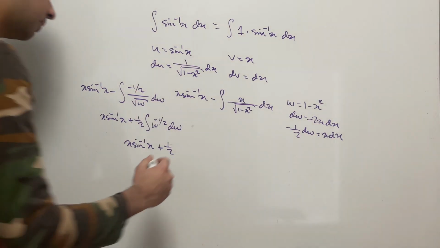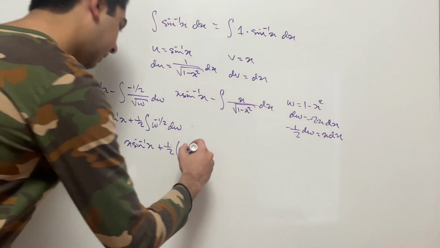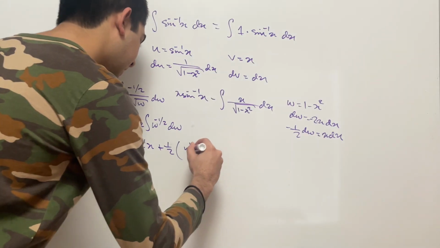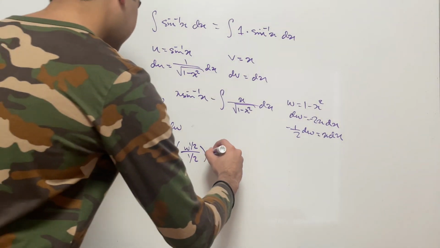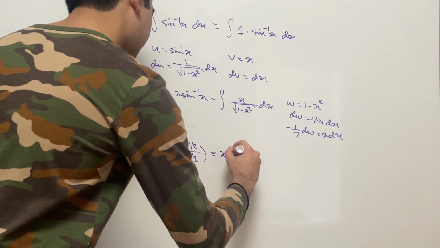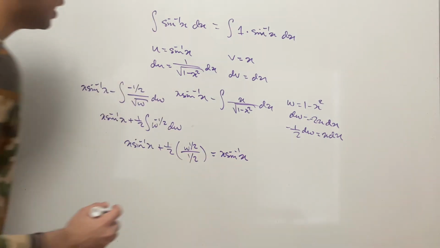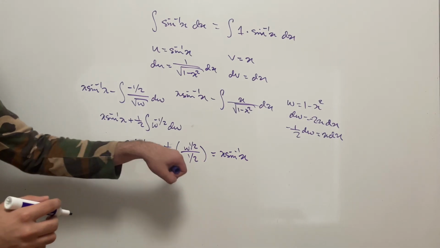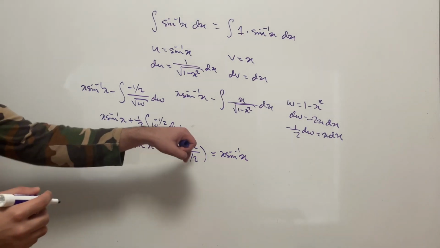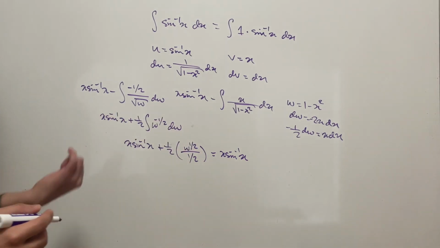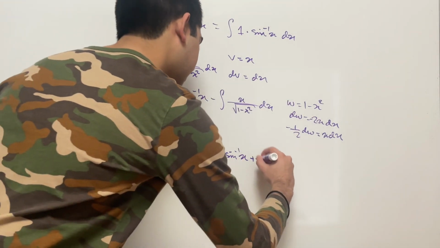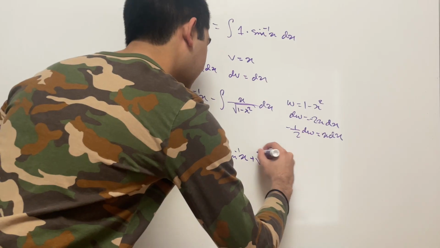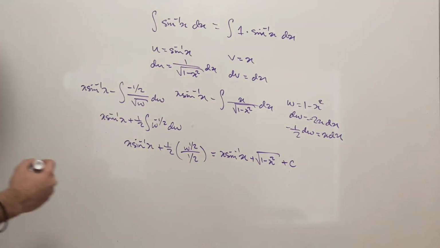And then we divide by the new exponent. So we have w to the 1/2 divided by 1/2. Alright, so what's this going to do? This 1/2 and this 1/2 down here are going to cancel. So we get x inverse sine x plus root w, but w is 1 minus x squared. So x inverse sine x plus root 1 minus x squared plus c. And that is our final answer.